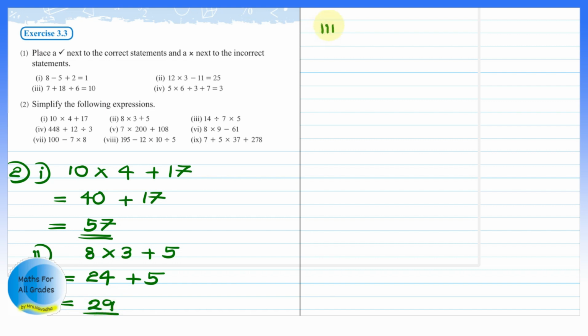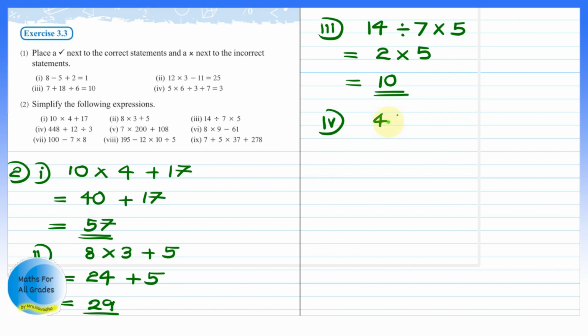Row number 3, 14 divide 7 times 5. Here you got the division and multiplication. We start from the left. So let's do the division first. 14 divided by 7 equals 2. 2 times 5 equals 10. Row number 4. 448 plus 12 divide 3.